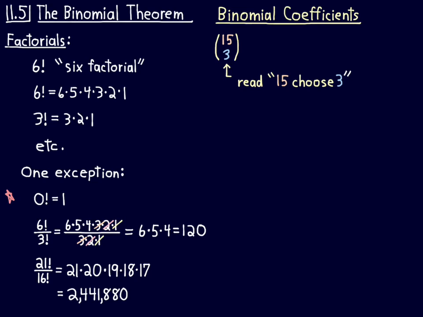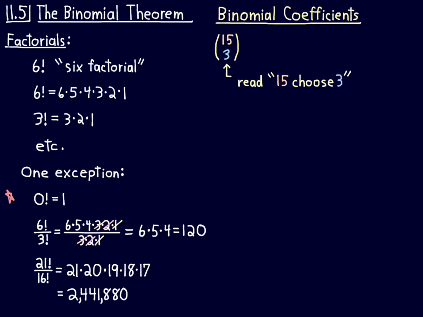If you have a bowl filled with 15 balls and you choose 3 of them, and they're all numbered differently, and you don't care what order you choose them in, you just choose 3. This is the number of ways that can be done. 15 choose 3 is how many ways you can choose 3 things out of 15.